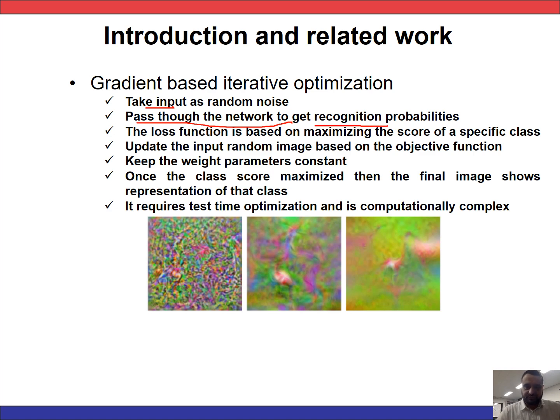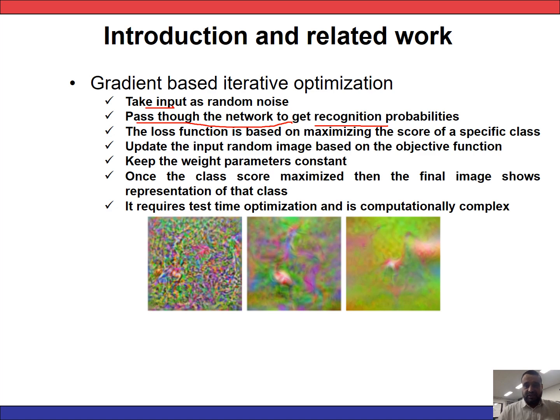So suppose a neural network is trained on 10 classes, so the first class label will be 1 0 0 0 0 0 and so on to 10, and the second class label will be 0 1 0 0 0, the third class label will be 0 0 1 0 0 0 0, something like that.